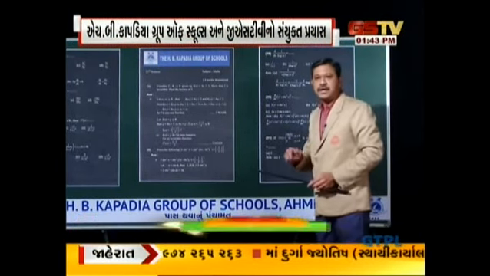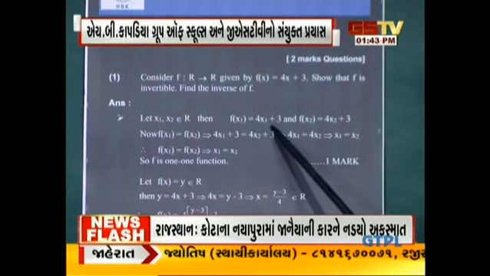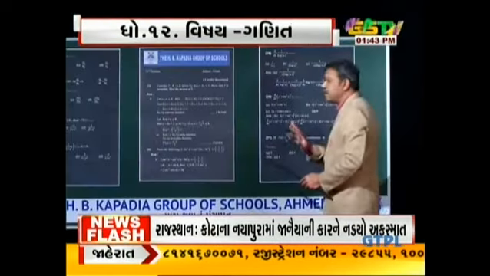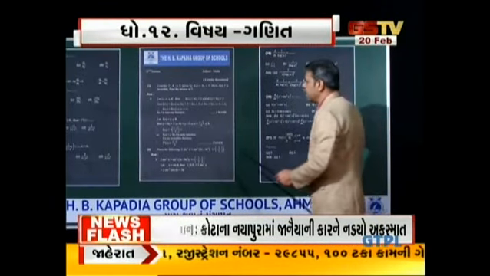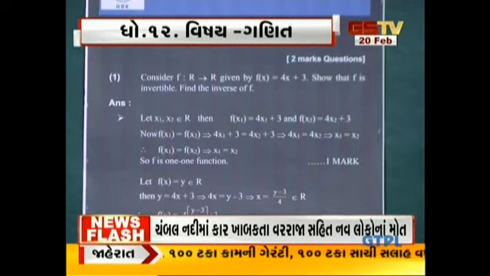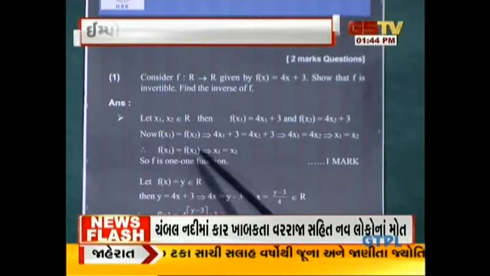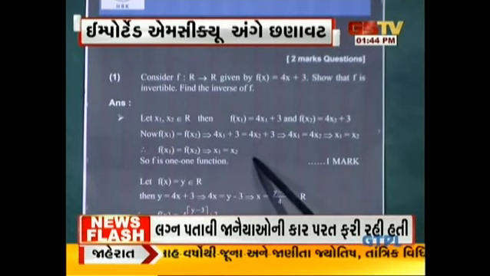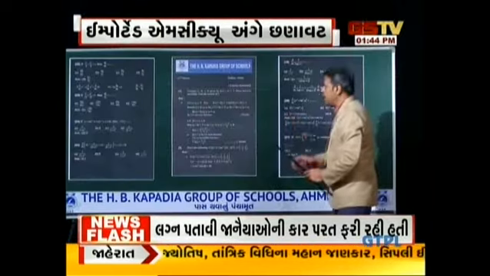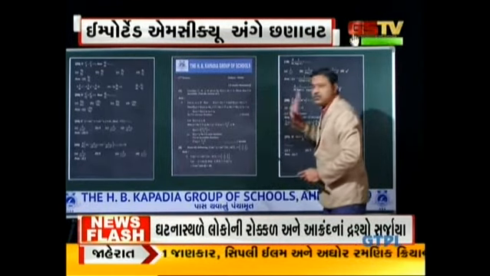Applying x1, x2 in our function f of x, 4x1 plus 3 is equal to 4x2 plus 3. 3 cancels from both sides, so we get 4x1 is equal to 4x2, so x1 is equal to x2. So if f x1 is equal to f x2, then x1 is equal to x2, so it's a one-one function, and from this step in a board paper student you get 1 mark.